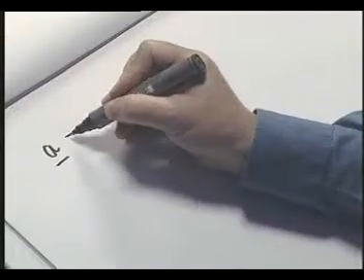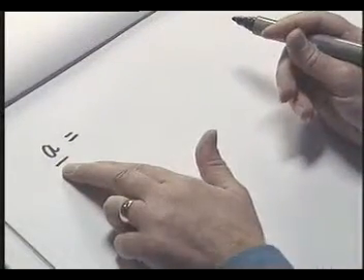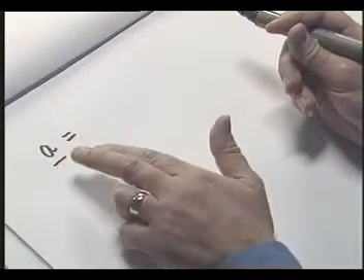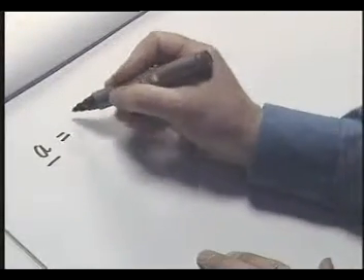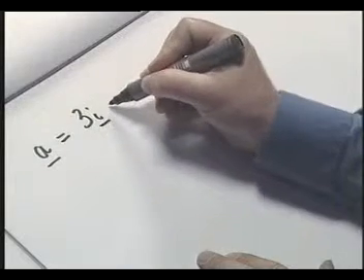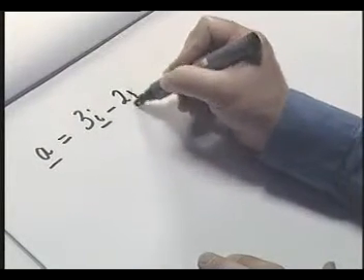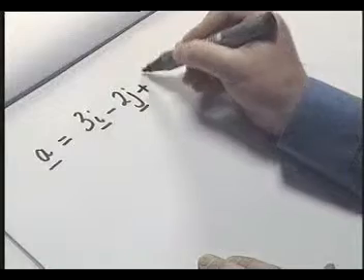I want to move on now to look at how we calculate the scalar product of two vectors when they're given in Cartesian form. Let me remind you about Cartesian form. When we're dealing with vectors in Cartesian form, we express the vector in terms of unit vectors i, j, and k. So we might be dealing with vectors of this form: 3i minus 2j plus 7k.